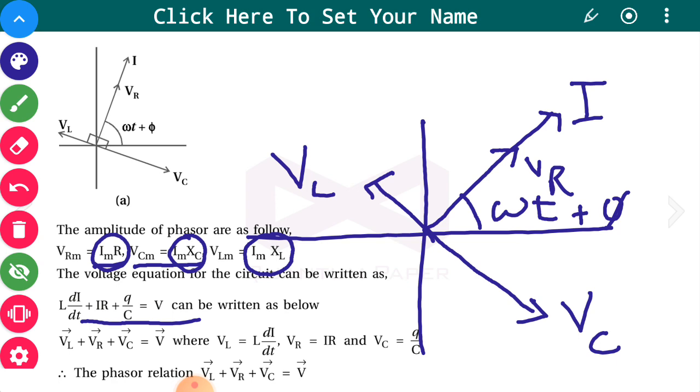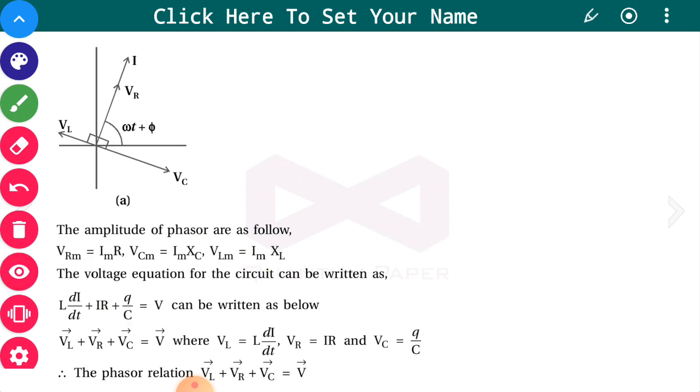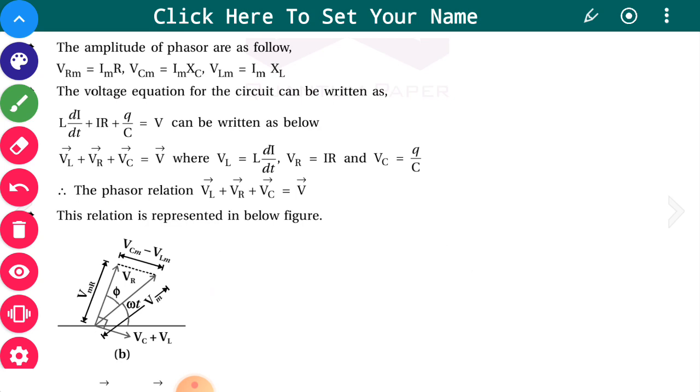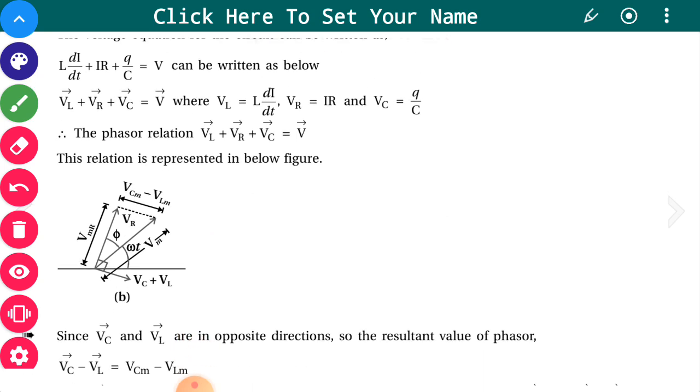Now this is the equation which we had. Total voltage VL plus VR plus VC is equal to V. Here VL is L di by dt, VR is IR, VC is Q by C. If you want to show only the representation of voltage, it can be easily done.